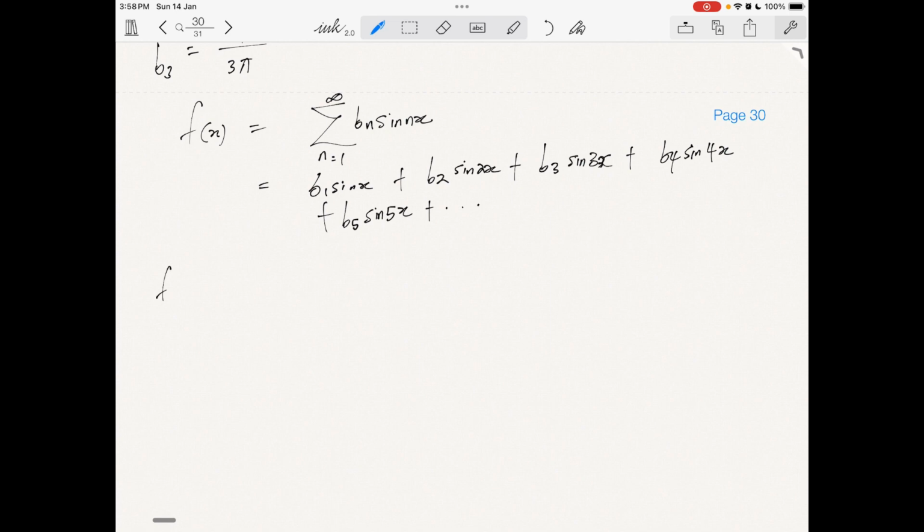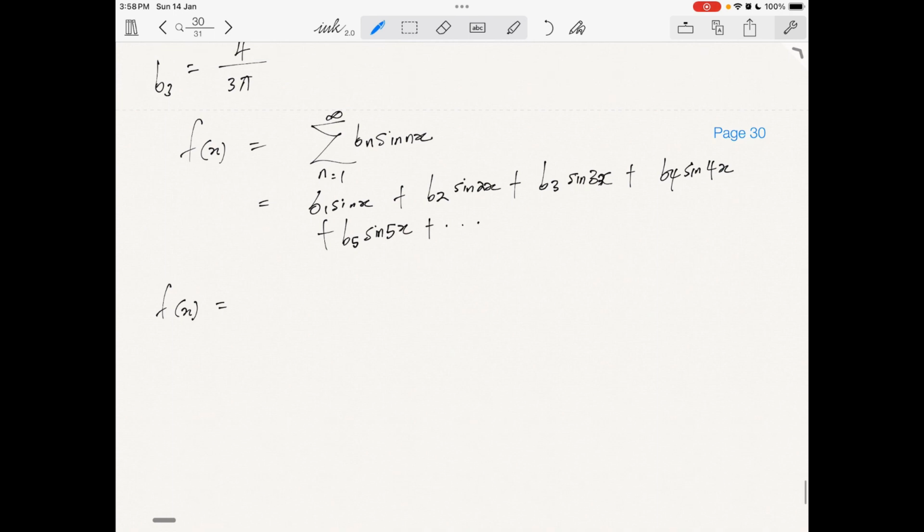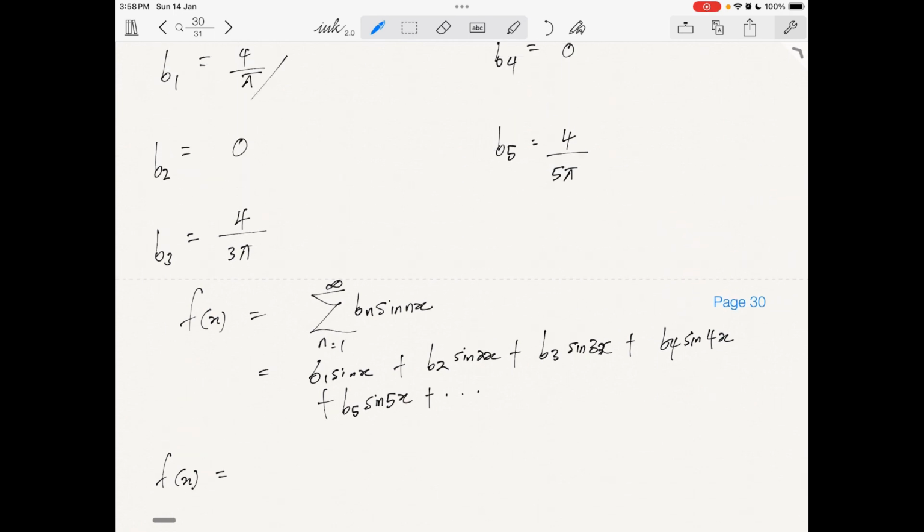So we insert our values of B1, B2 down to B5. B1 is 4 over pi sine x plus B2, which is 0, sine 2x plus B3, which is 4 over 3 pi sine 3x plus B4, which is 0, sine 4x plus B5, 4 over 5 pi sine 5x.